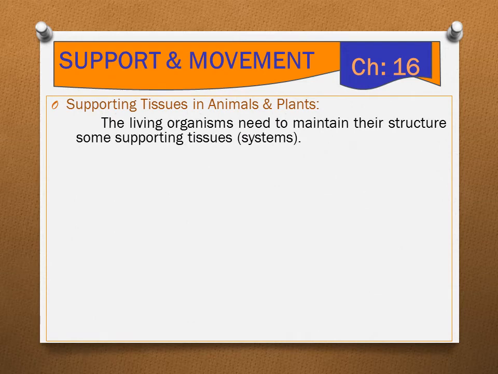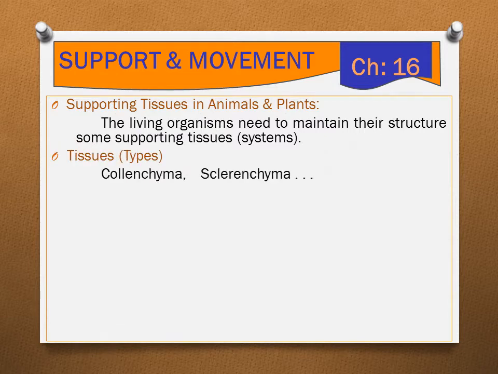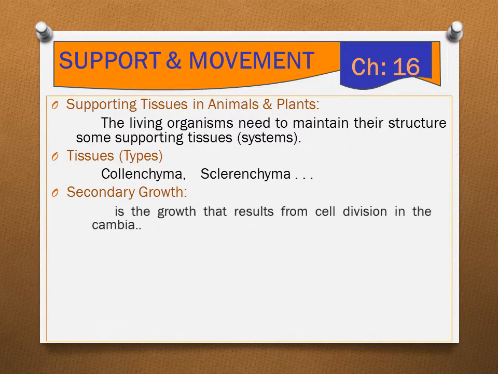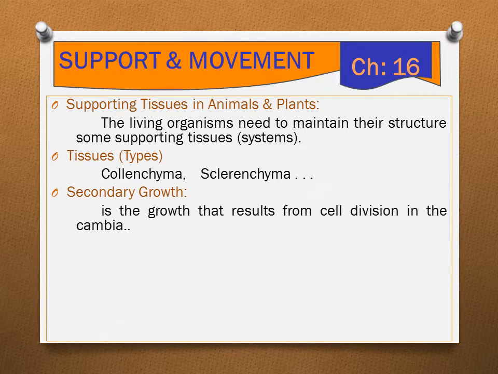The living organisms need some supporting tissues or systems to maintain their structure. These supporting tissues or systems in plants are in the form of collenchyma, sclerenchyma, and parenchyma. In plants, the secondary growth plays a very important role to provide strength to the plants.